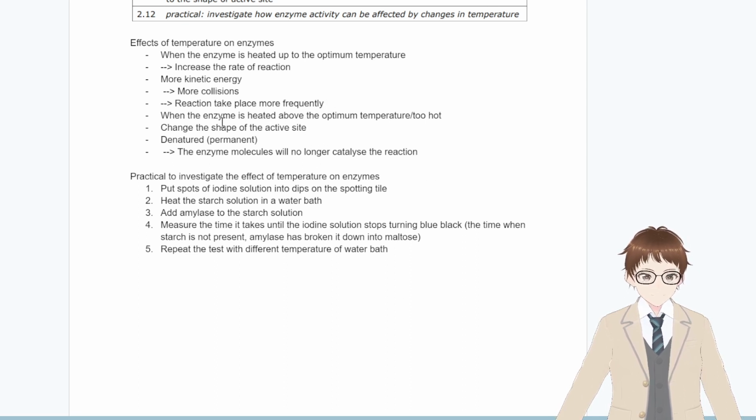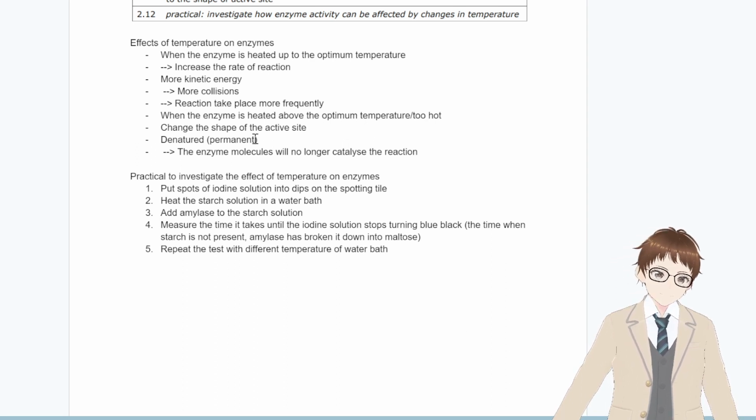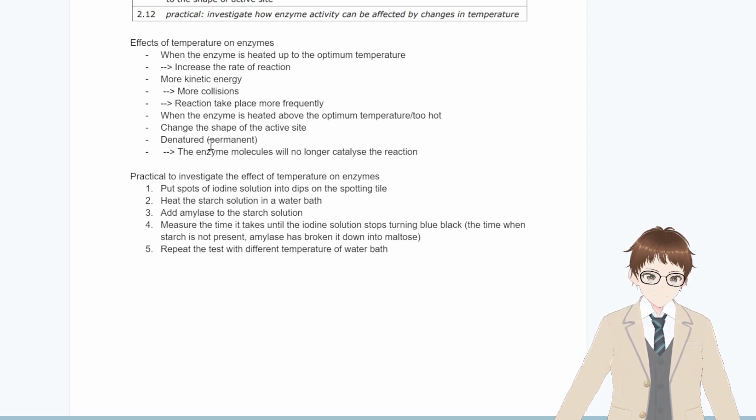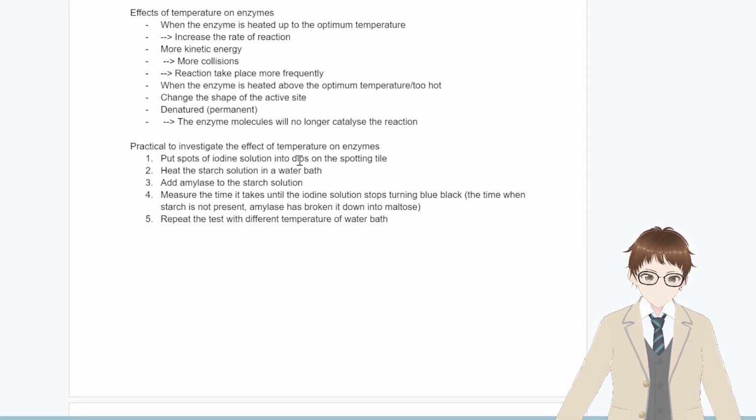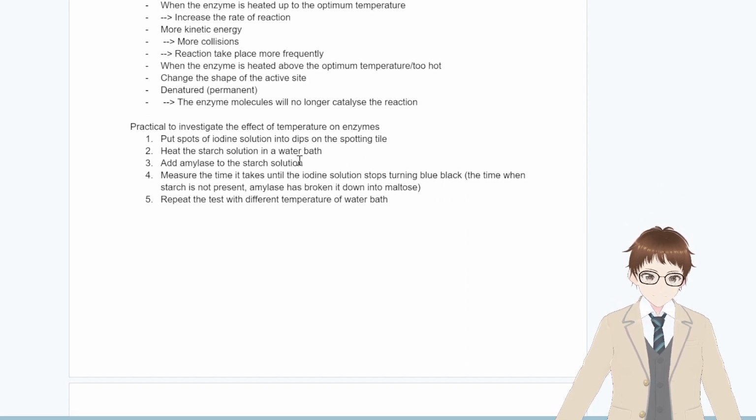But when the enzyme is heated above the optimum temperature, or it is too hot, it will change the shape of the active site, or we call it denatured, which is permanent. And the enzyme molecules will no longer catalyze the reaction.